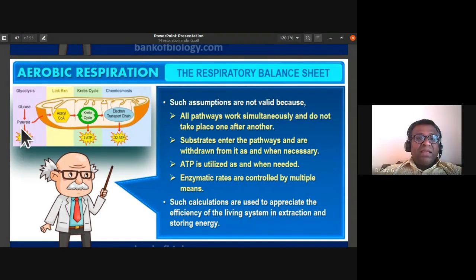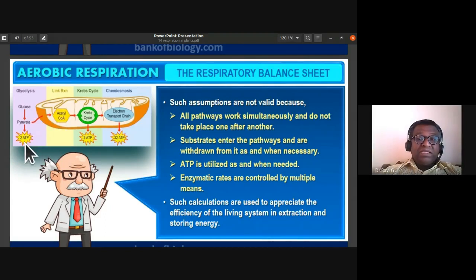Like we had said, after glycolysis there would be the formation of acetyl coenzyme A, after that the Krebs cycle, and after the Krebs cycle the electron transport chain. This doesn't follow this sort of fashion in reality. They take place simultaneously, and substrates enter the pathway and are withdrawn from it as and when necessary.